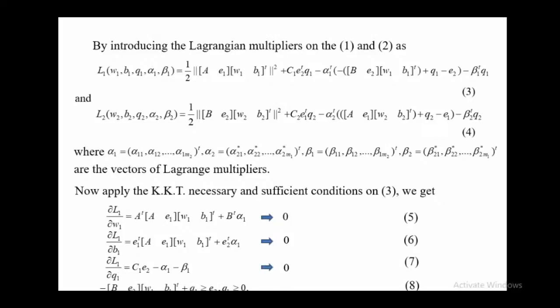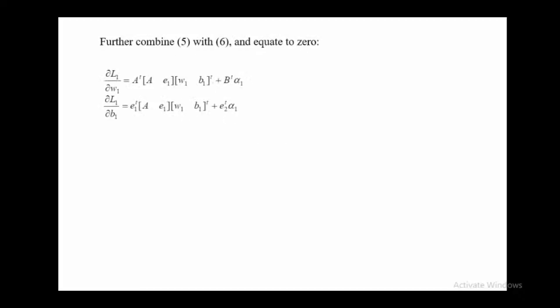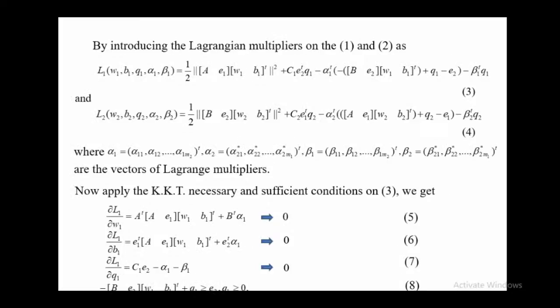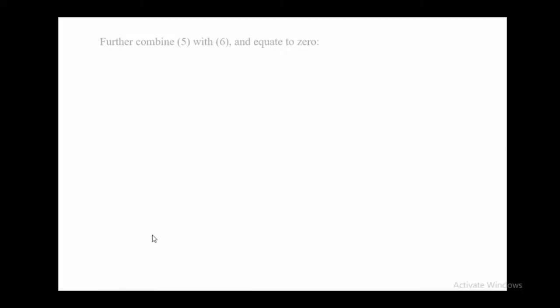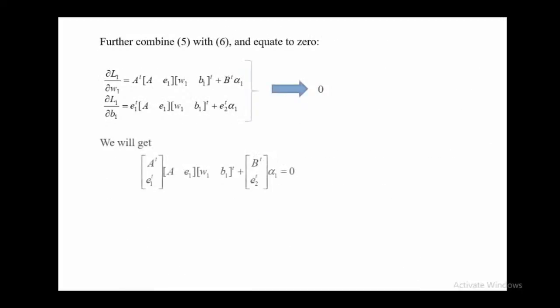Now further, we combine these equations 5 and 6. We can combine these two in this particular manner for simplicity. So you just combine this: you can write A transpose E1 transpose, this particular term is common, you can write as it is, then B transpose E2 transpose, and this is alpha 1, equal to 0.